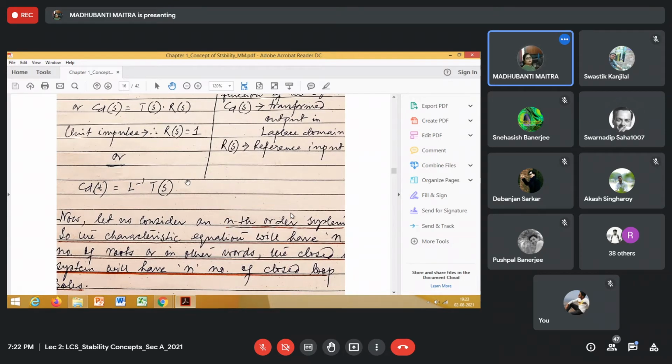Write down TS can be expressed as PS by QS. PS is the numerator polynomial, which is a function of S, and QS is the denominator polynomial, which is also a function of S.